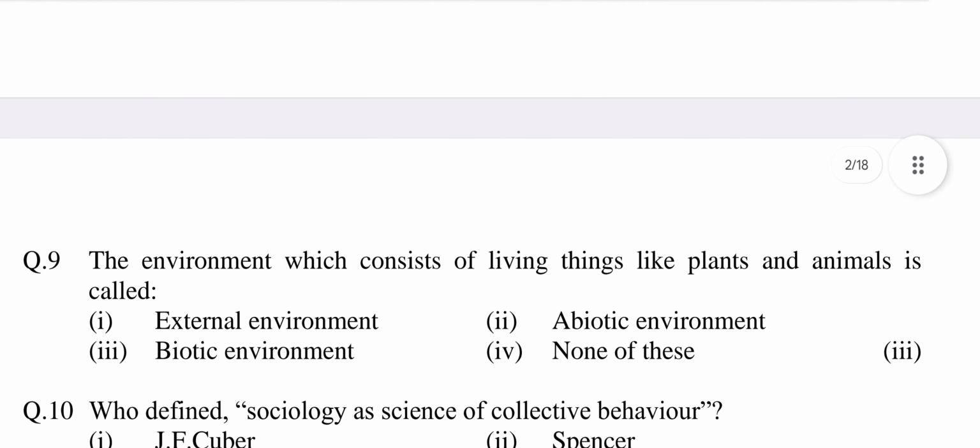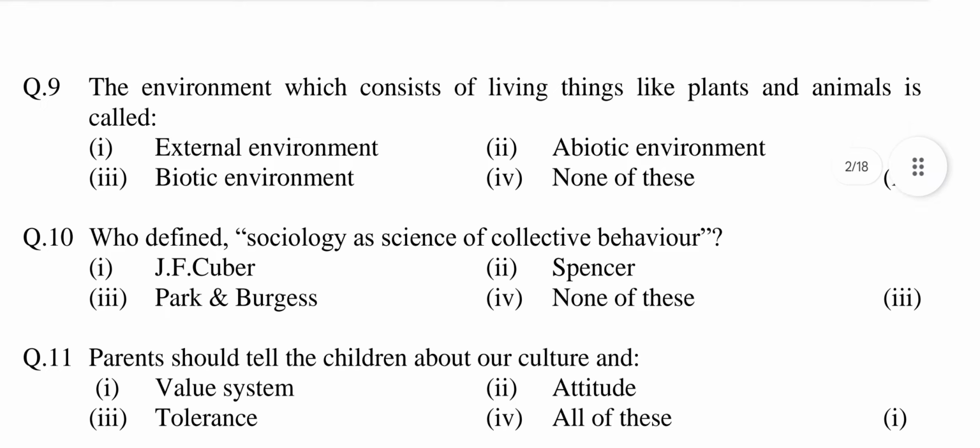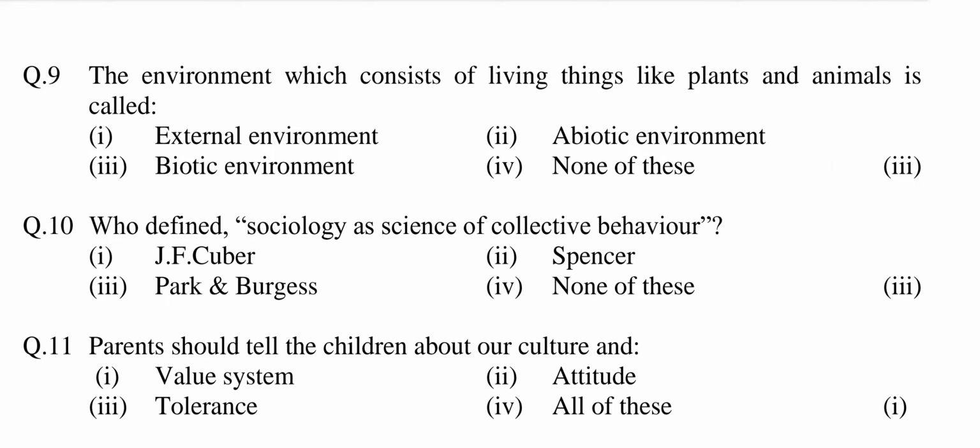Question number 9. The environment which consists of living things like plants and animals is called: option first, external environment; second, abiotic environment; third, biotic environment; fourth, none of these.